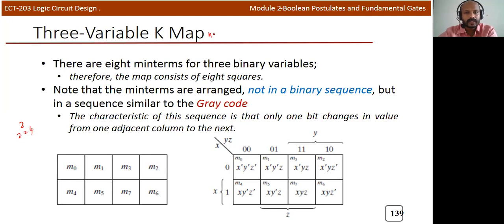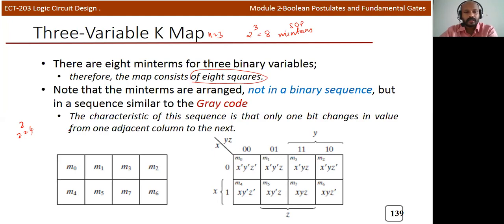Now this n is equal to 3. 3 variables means 2 raised to 3, that is actually 8 different combinations, or 8 different possibilities, or we can say 8 different min terms in the SOP expression. So we need 8 different squares in the K-map or Karnaugh map.